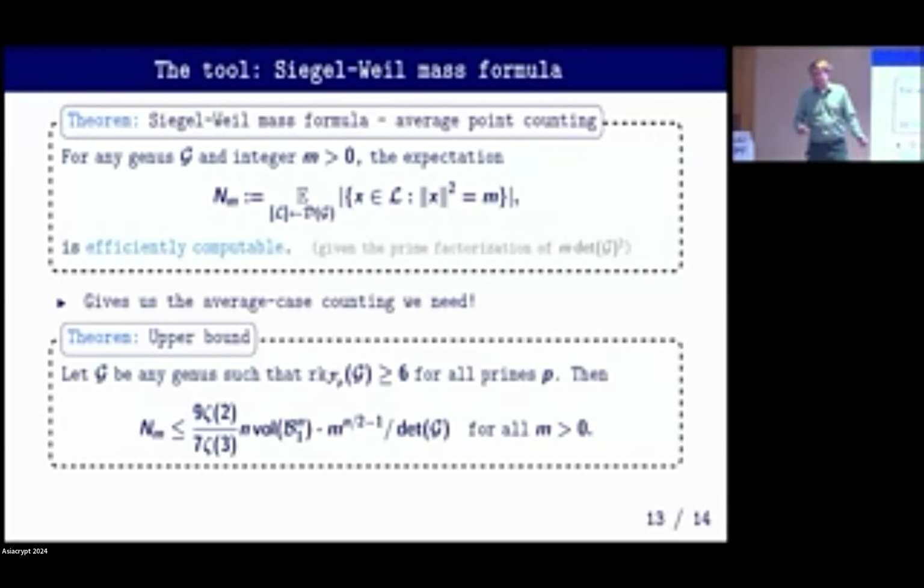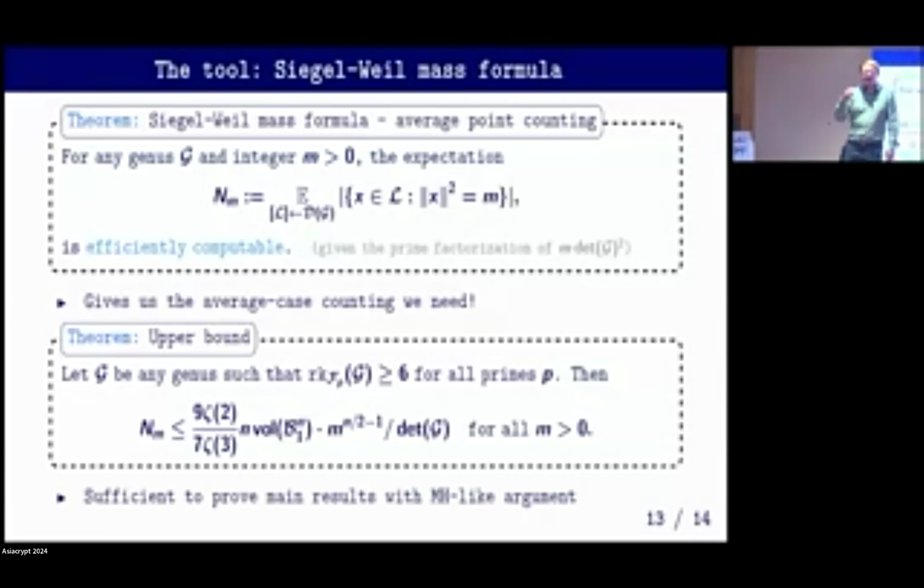And what we also need to show is there are not that many points in this ball. So in this case, we need to show there are not that many vectors of squared norm m. And we show in the paper the following upper bound under this technical assumption. But we can get rid of these technical assumptions by losing a little bit, or we can make them slightly stronger and improve the constant, but they're not so important.